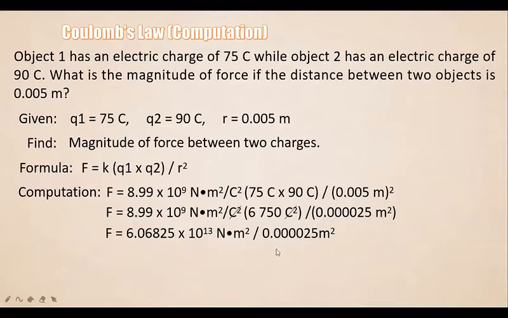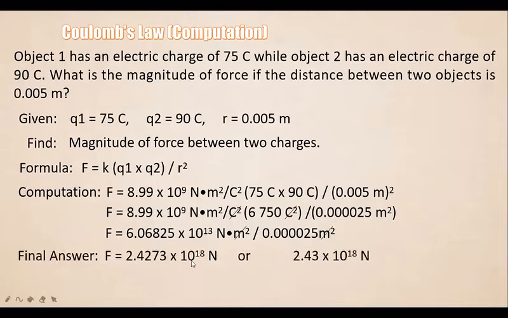Then divide the answer by the square of the distance, which is 0.000025 meters square. If we divide that, the answer will be 2.4273 times 10 raised to the 18th Newton, because we already canceled the same unit, the meter square. If we round it off, it will be 2.43 times 10 raised to the 18th Newton. So this is the magnitude of force between the two charges in our first example.